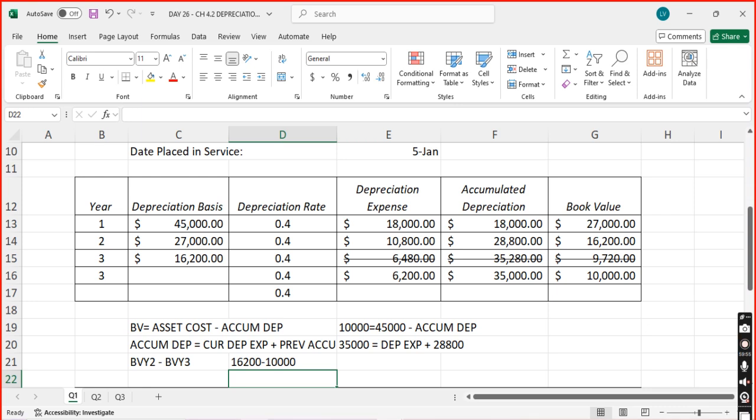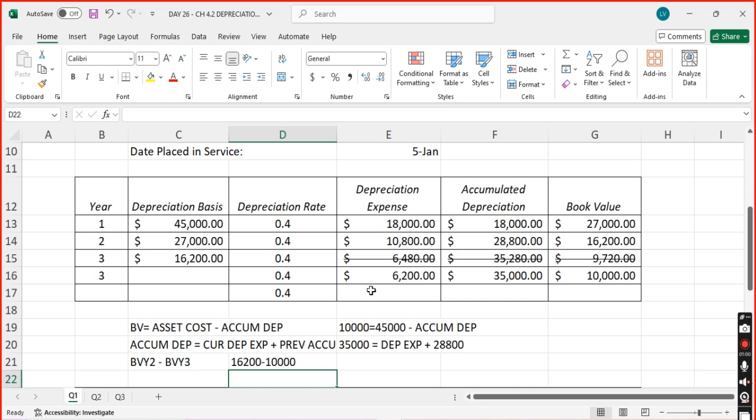So again, there are multiple ways that you could solve for one answer because this is literally look at the formula, plug in what you know, and solve. So here, instead of having to work this hard to go backwards, let's move forward. If you know for a fact that your book value needs to end at 10,000 and your previous year's book value is 16,200, subtract the two and that will be your depreciation expense.